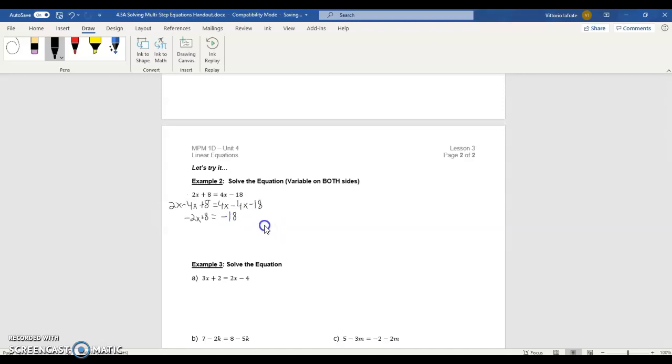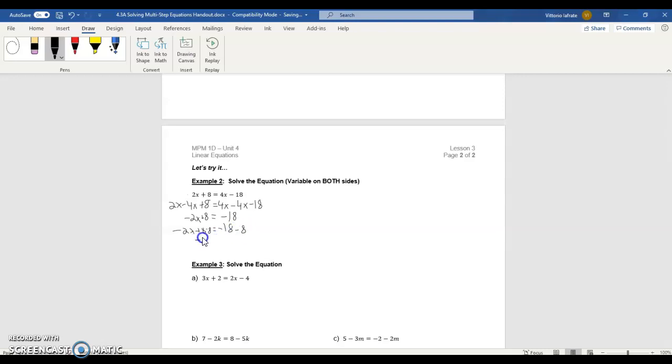So now you've created an equation that you're familiar with solving. You just have to do the inverse operations to isolate x and find its value. So I'm going to do minus 2x plus 8. The opposite of plus 8 is minus 8, is equal to minus 18 minus 8.